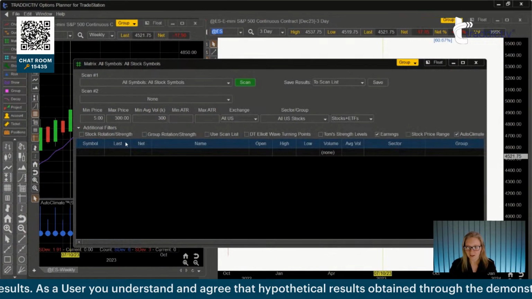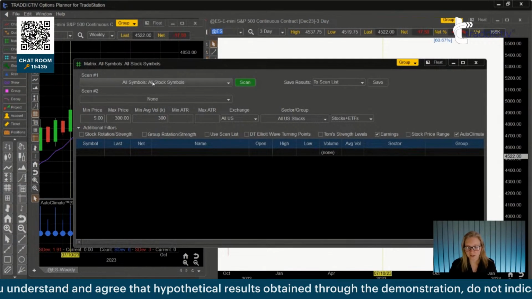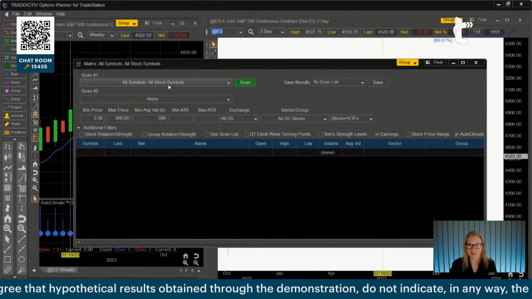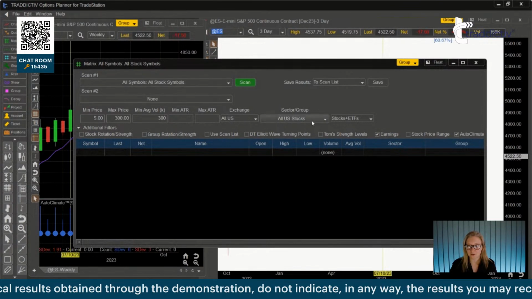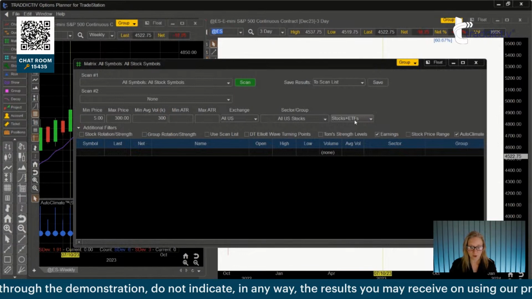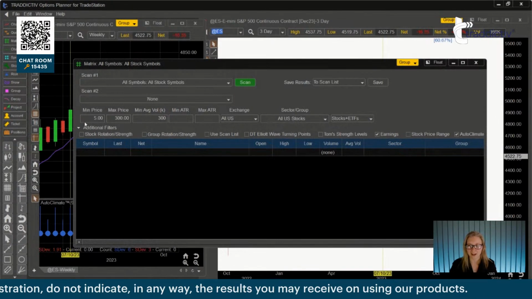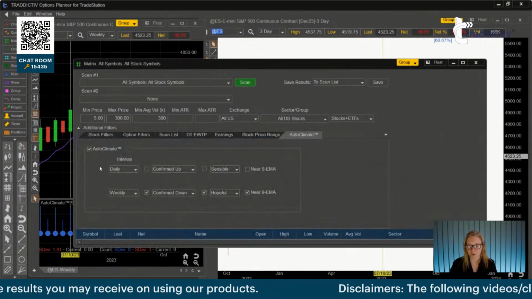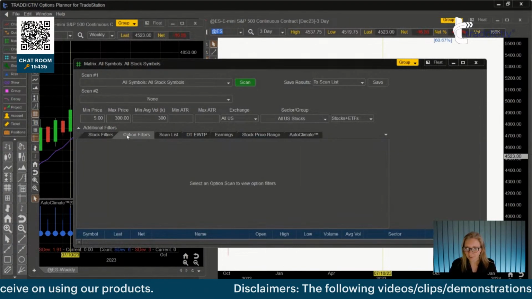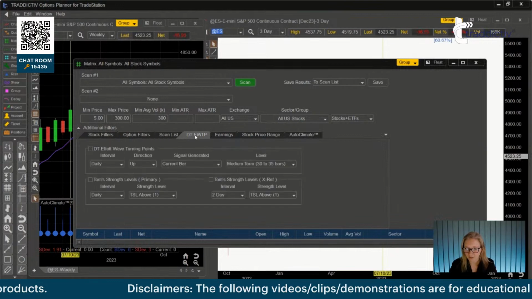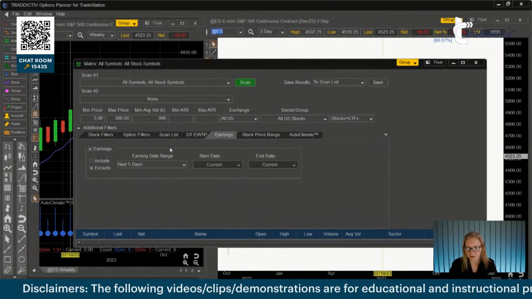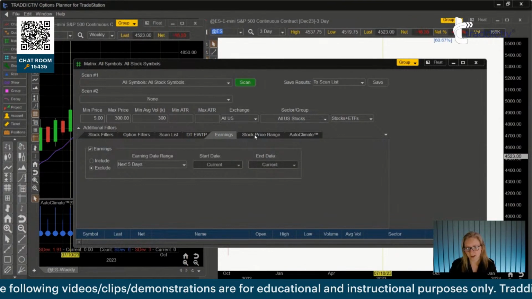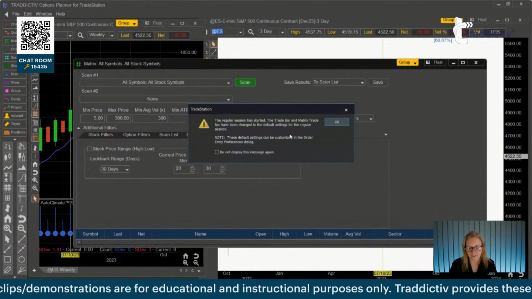So looking at all US stocks, all stock symbols, we're only doing the one scan. We're looking at all US stocks across stocks and ETFs. Any stocks between the prices of $5 and $300 that have, I might have other things ticked potentially, earnings within the next 5 days, because that increases some volatility.